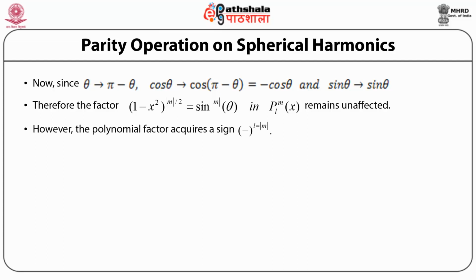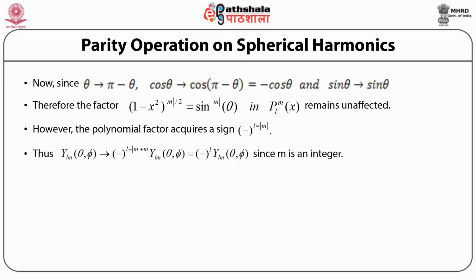However, the polynomial factor acquires a sign (−1)^(l−|m|). Thus, Y_lm(θ, φ) tends to (−1)^(l−|m|+m) Y_lm(θ, φ). This is equal to (−1)^l Y_lm(θ, φ), since m is an integer. That is to say, Y_lm has parity given by (−1)^l.